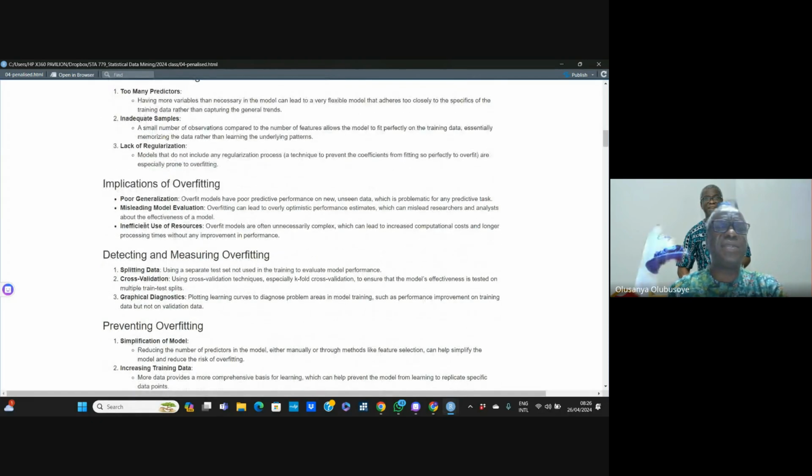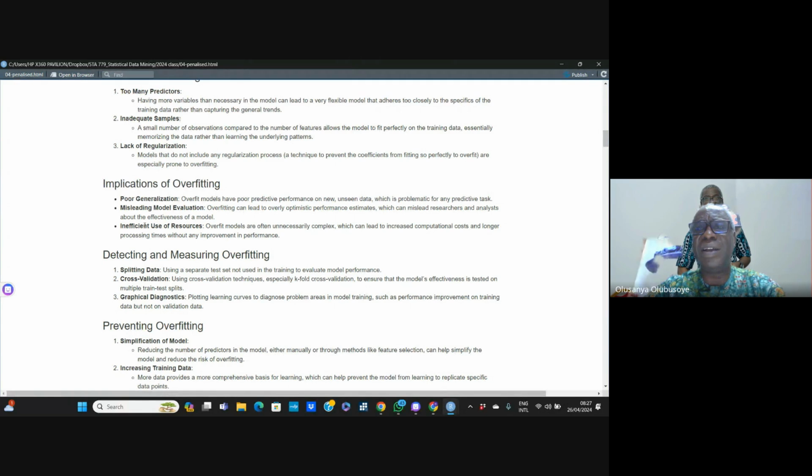So the implications of overfitting, here I have three implications. One, poor generalization. When your model overfits, that may lead to poor predictive performance in new data. We've said that, whether new data, the unseen data.